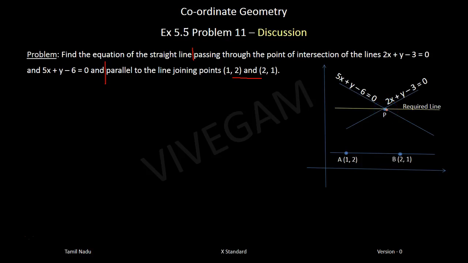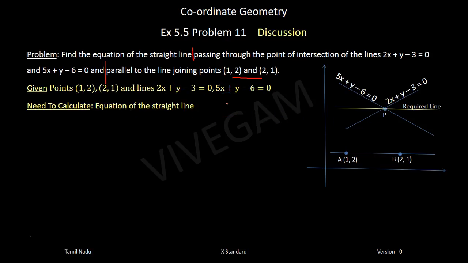So using the slope point form, we should be able to calculate the equation of the straight line, which passes through this point of intersection and is parallel to this line.